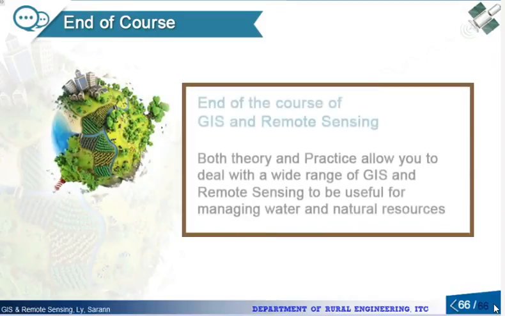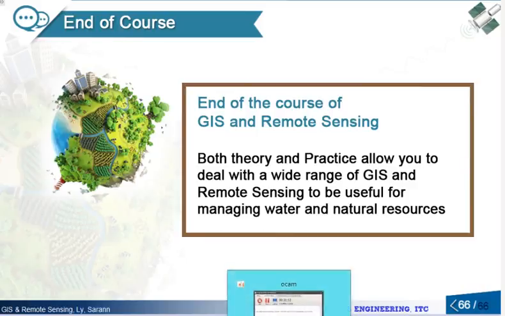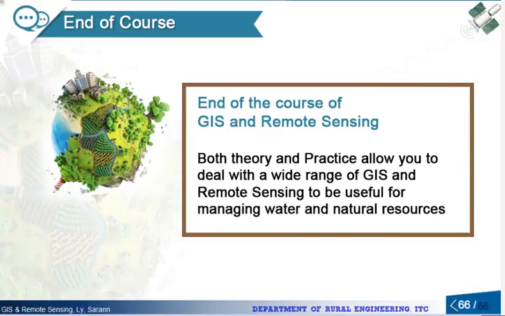Now we are right at the end of the course. We have learned the 13 chapters, which provide you a full theory of GIS and remote sensing. However, you need to practice well the exercises provided during the practical session in front of the computer.